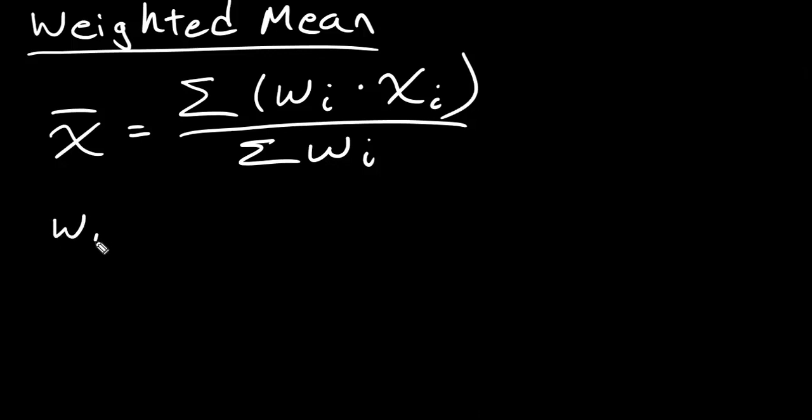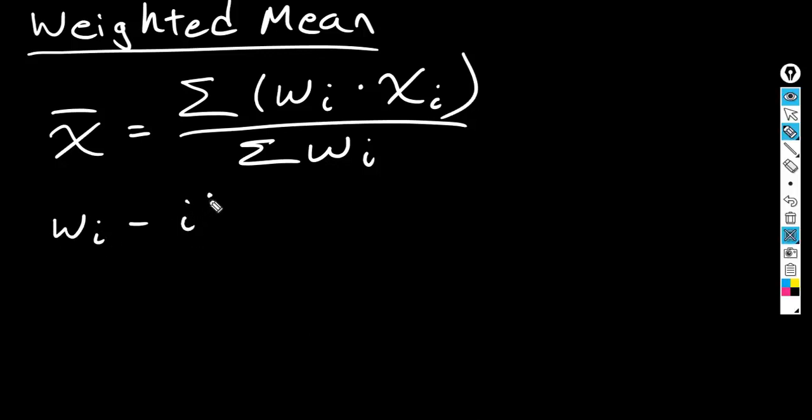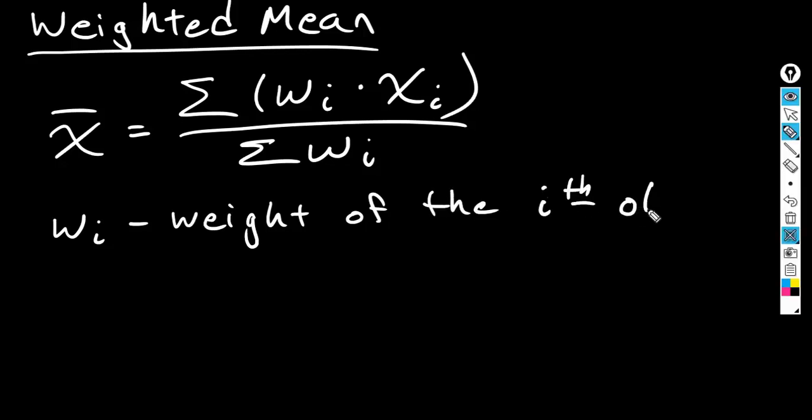In this instance, wi is the weight of the ith observation. I'm going to be using that OBS a lot, so I might as well define that.